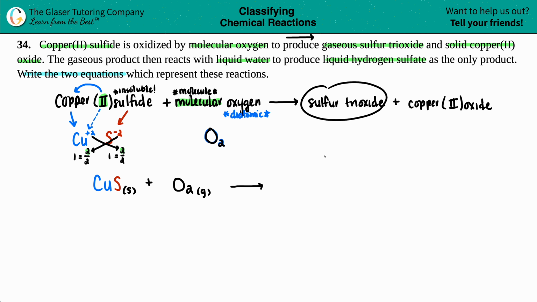Now, the next one is sulfur trioxide. I see that we're dealing with di, tri, tetra prefixes in here, so we know that we're going to be using the covalent way of naming. And with covalent, it's always just call it as you see it. They will tell you how many of each element you have. For the first part, it's just sulfur. They didn't say disulfur or trisulfur or tetrasulfur, so if they just say sulfur, you know that you only have one of them.